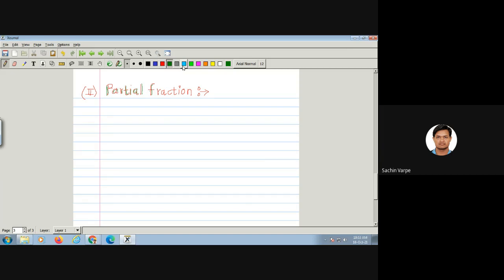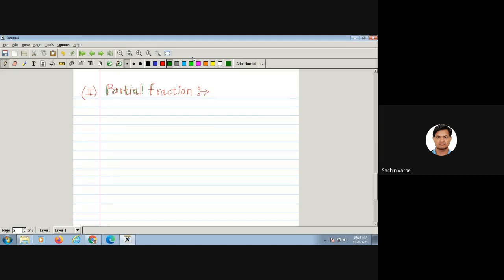No one knows. Very good. Denominator in factored form, that is not necessary actually. If the denominators are not in factored form, we can make it. Okay, so that is the condition. That is not necessary actually. The power of denominator should be greater, exactly. So that is the necessary condition.